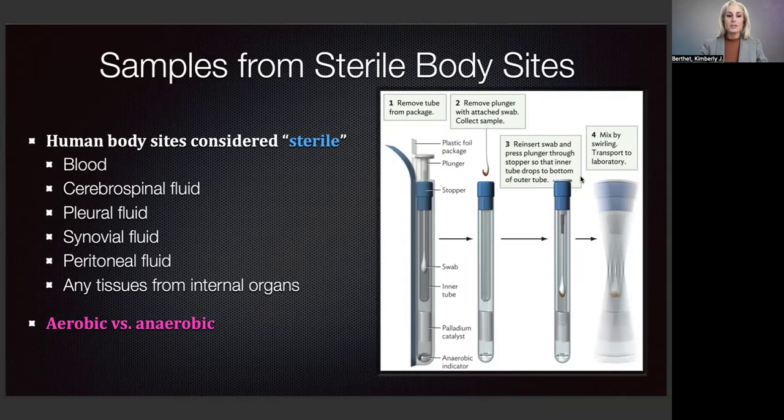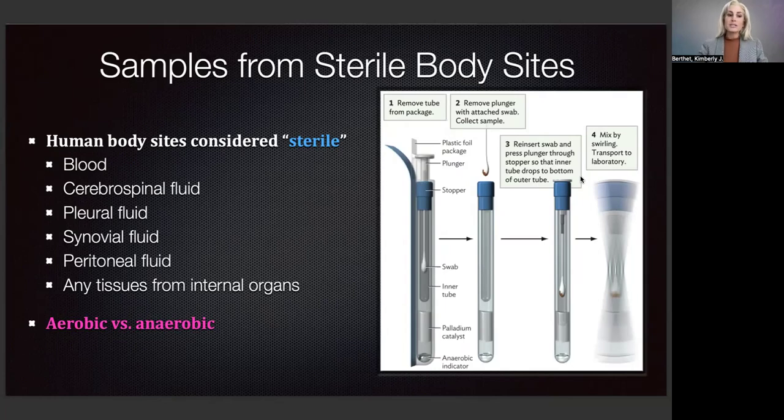Pleural fluid, synovial fluid, that's like in joints, in the synovial pocket, peritoneal within the body, and any kind of tissue found inside an organ. So these are the areas that we consider sterile. Anything associated with the outside of the body, or if we're looking at the gastrointestinal tract, would be colonized with microorganisms. But mostly sterile body sites are listed here.